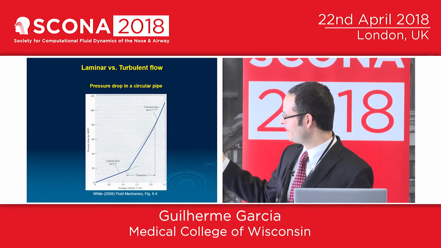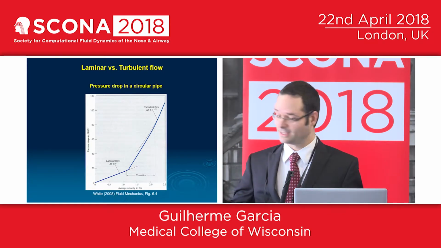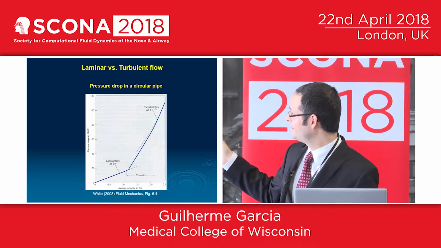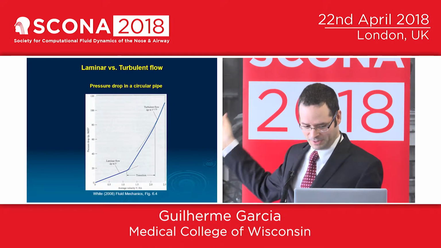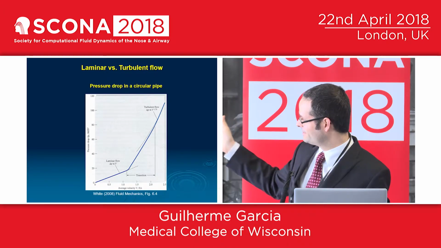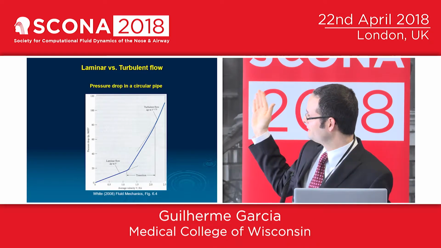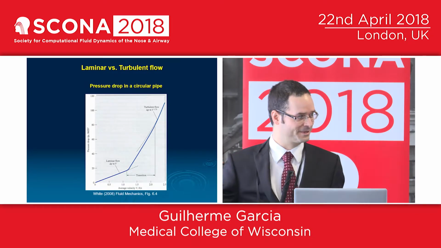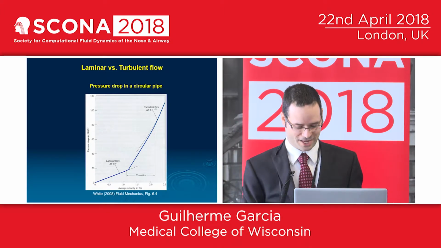On the left side we have laminar flow, where pressure is proportional to flow rate, and then there's a change in the slope, the flow becomes transitional, and afterwards it becomes turbulent. The slope of the curve in this transitional range changes smoothly from laminar flow, which has a slope of 1, to turbulent flow, which has a slope of 1.75. And it turns out that nasal airflow is right in that range of transitional flow, and that's what makes it so challenging.